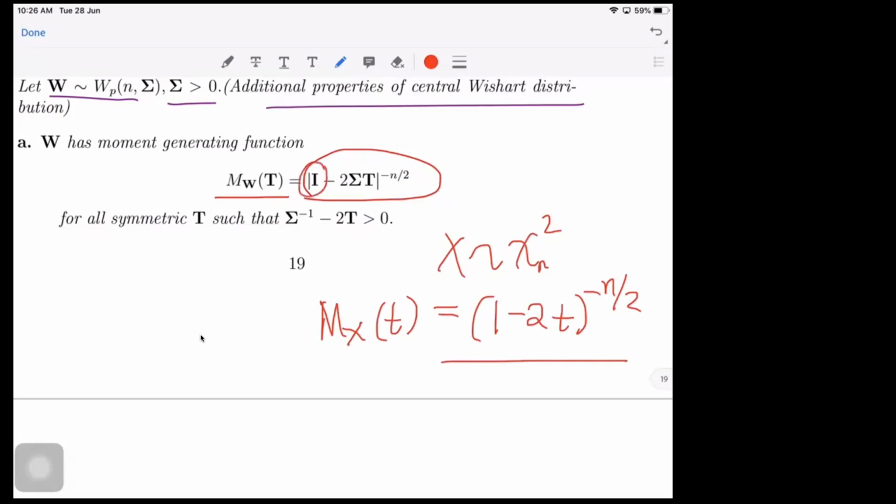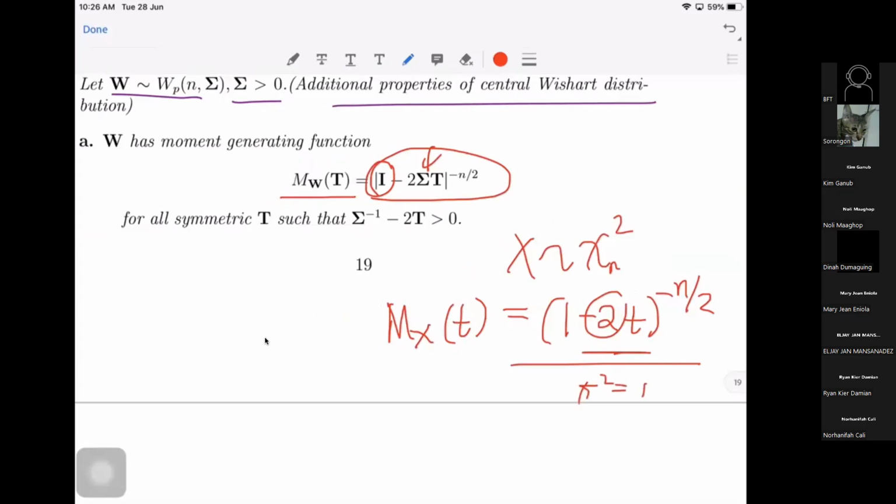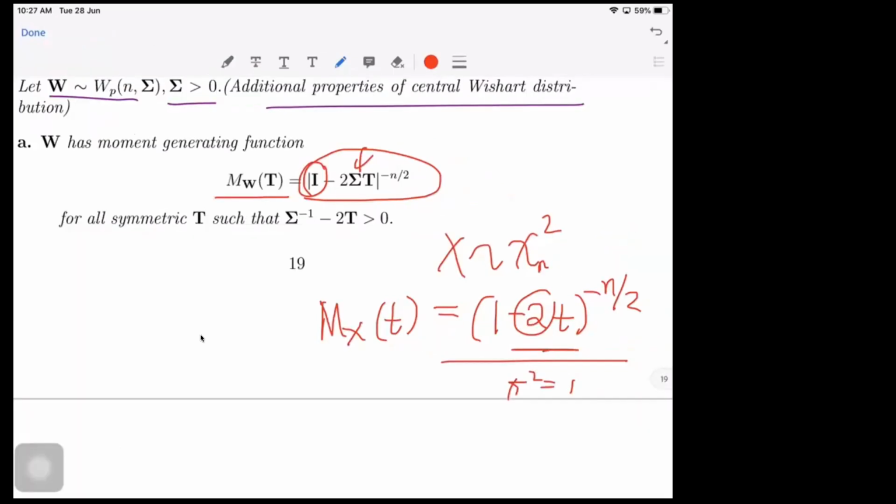I for 1, then 2, and then nalang kay additional variability among, because this is just univariate case. So this is assumed that sigma square here is just equal to 1. So we see that Wishart is really the generalized version of your chi-square. And it has similarities with your gamma distribution for some special values of your parameters.